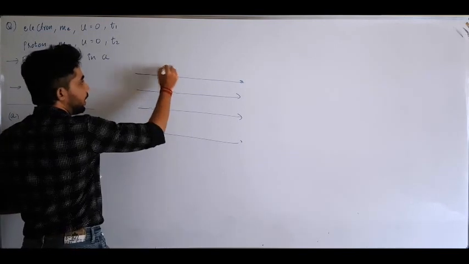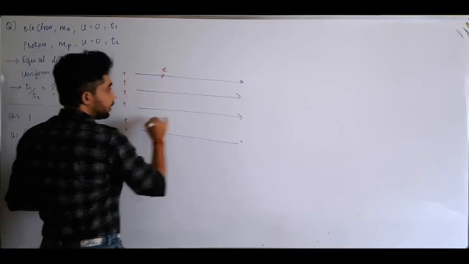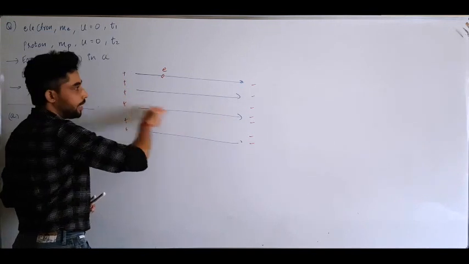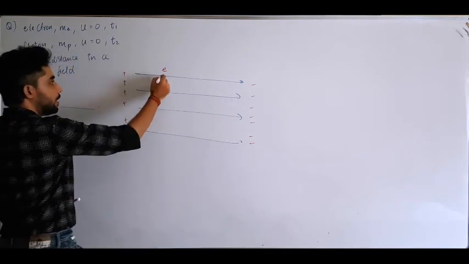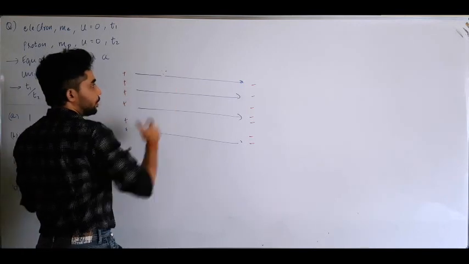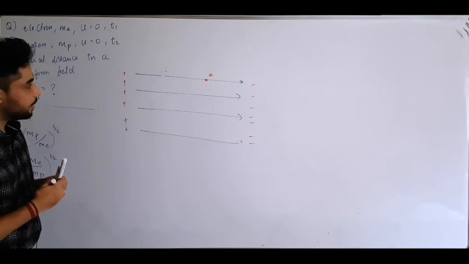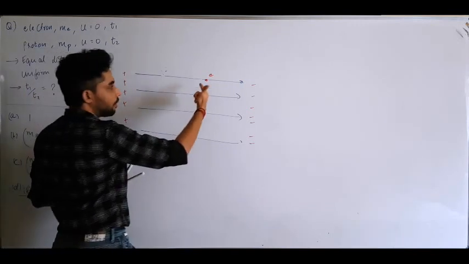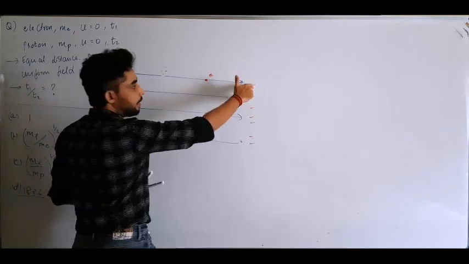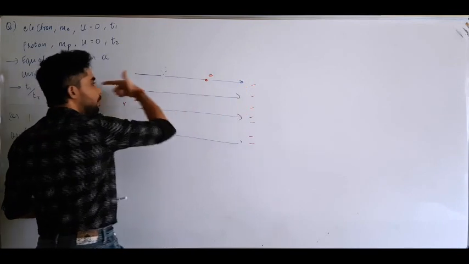So let this be the electron, and here there should be positive charges and here there should be negative charges because of the direction of the electric field like this. Say suppose there's an electron like this. So what will happen to that electron if you keep it in the electric field? It is clear that it will be repelled by the negative charges and attracted by the positive charges. So the electron will move like this.